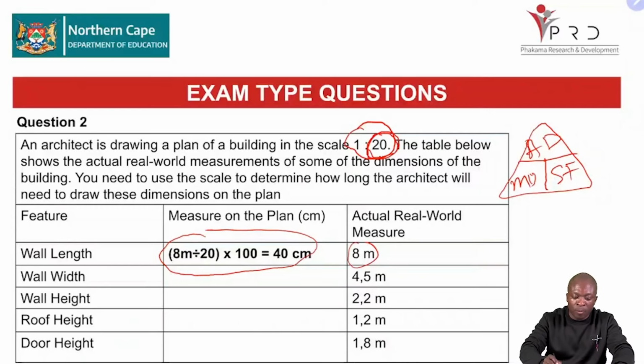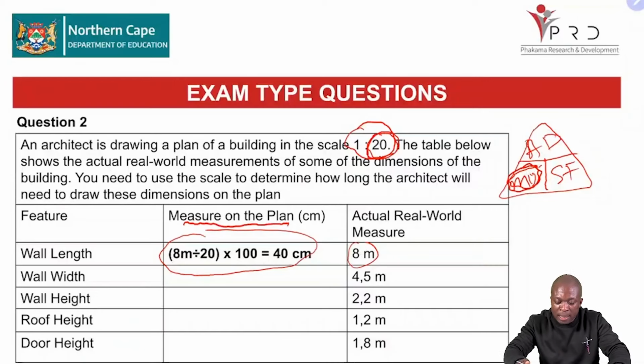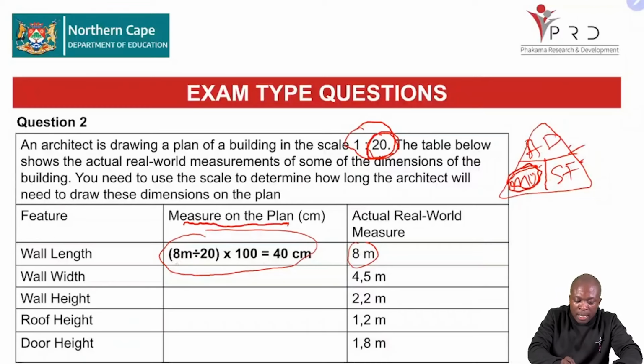So let's see. What did I do here? I took the 8, but look at the question. It says we must find the measure on the plan. So we are looking for MD. So it means if we look at MD, when we cover it, we are going to be having AD divided by SF. So my AD is my 8, my SF, which is my scale factor, remember I got it from the scale, 20.